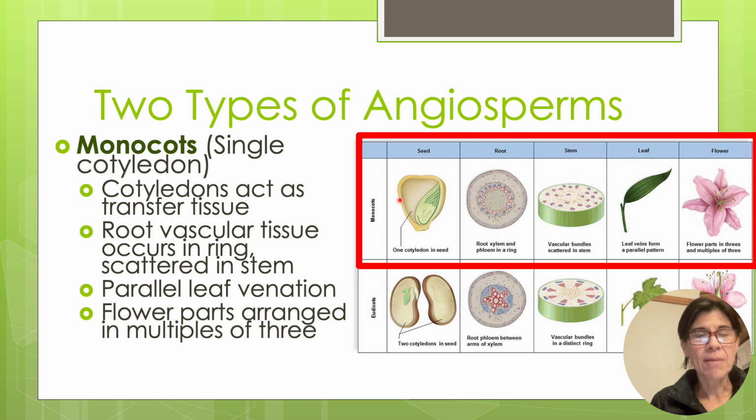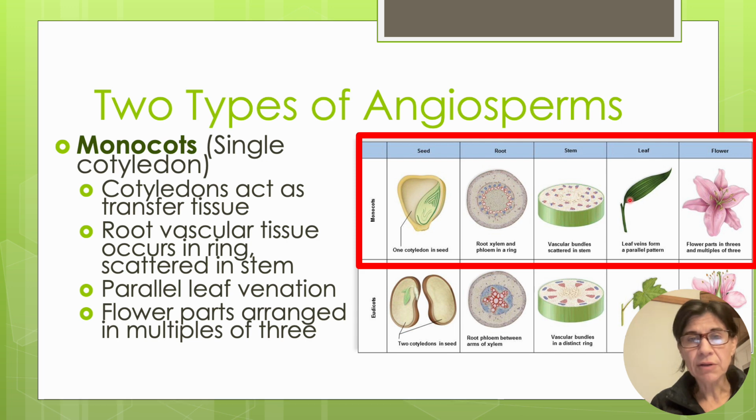So monocots have one cotyledon, and if you look at the cross-section of a root of a monocot, you would see that the vascular tissue, which we're going to talk more about later, that delivers water and sugars throughout the plant, occurs in a ring. In the stem, the vascular bundles are scattered, as shown here.